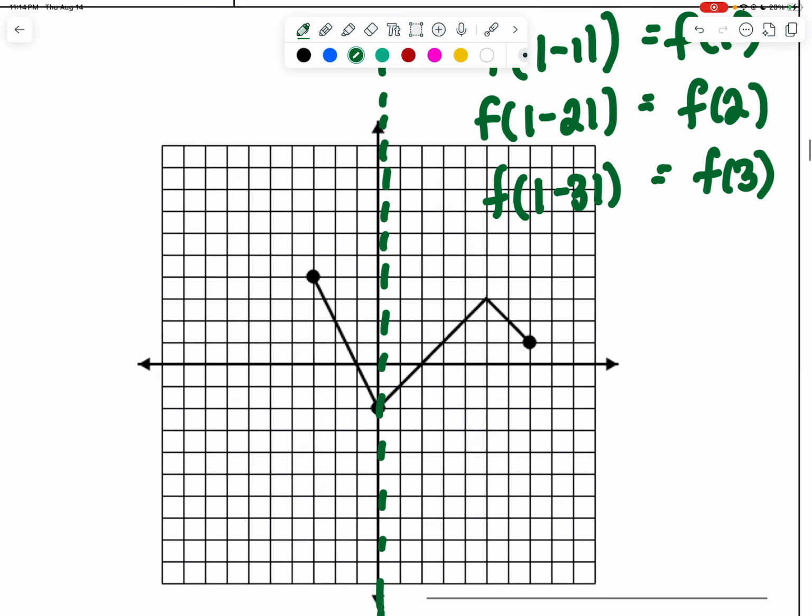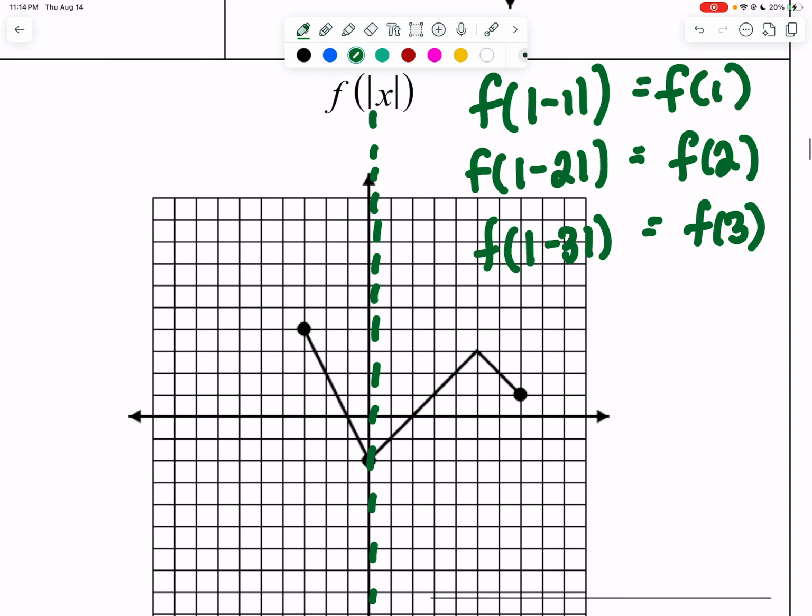So in this case, if we know that f of absolute value of -1 is f of 1, and I know that f of 1 is -1, this means that my graph should look like this right here. So essentially, your final graph should be symmetric with the right side of the y-axis.